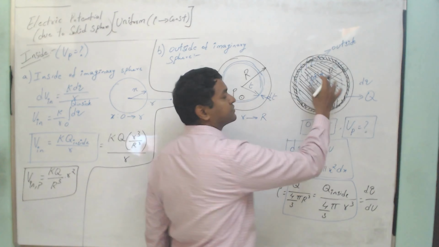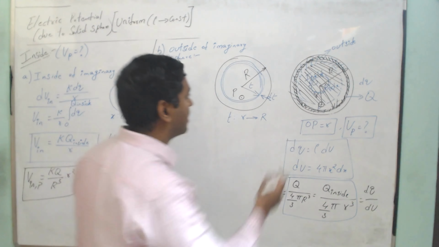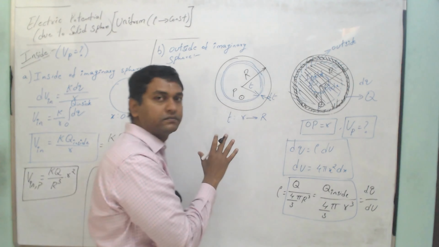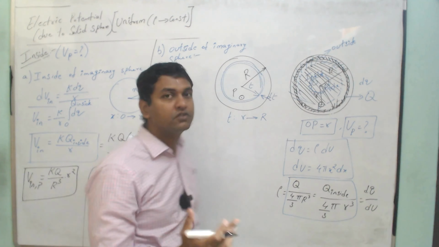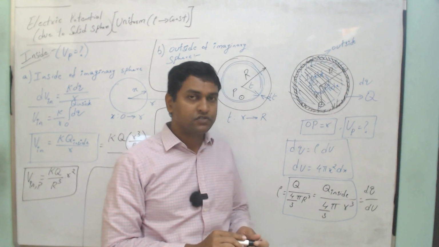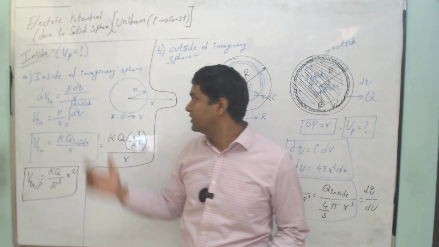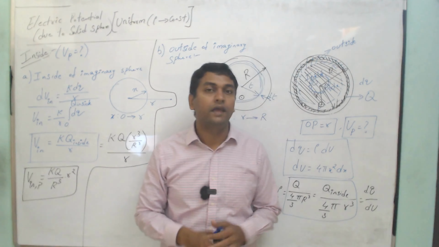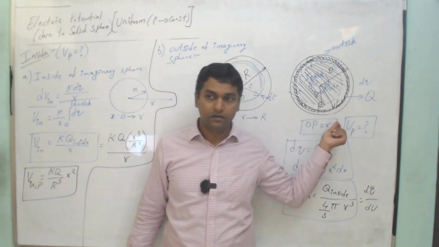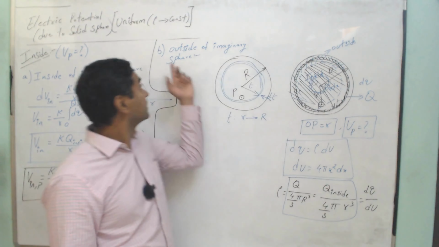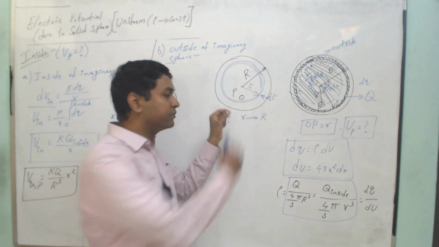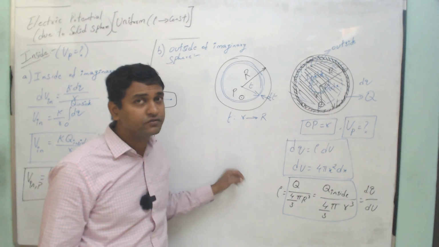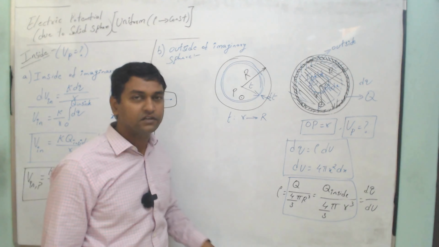Inside that sphere is what we did over here. Outside that imaginary sphere is what we are doing over here. In this case my point P lied outside my element, whereas for this case my point P lies inside of my element. Too much of inside, outside, inside, outside.